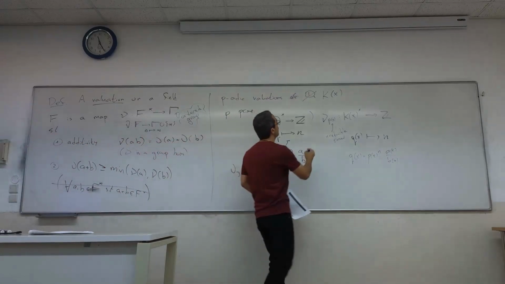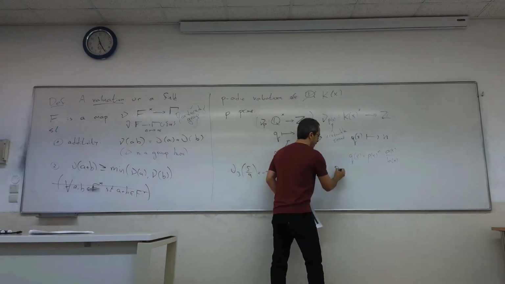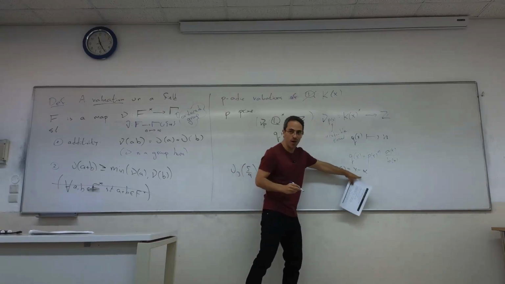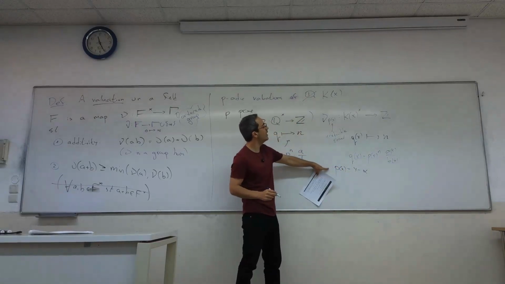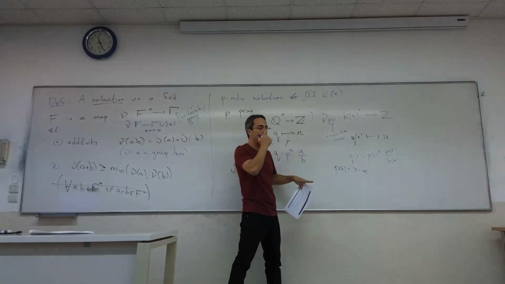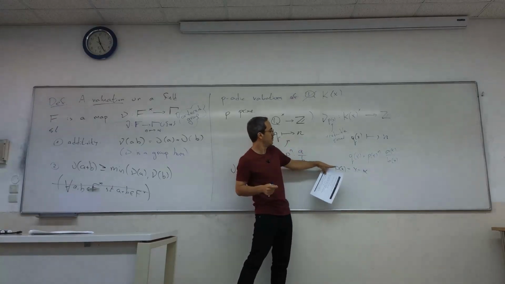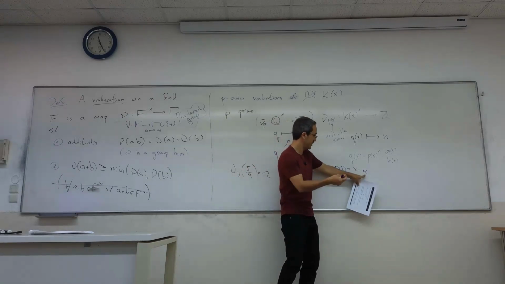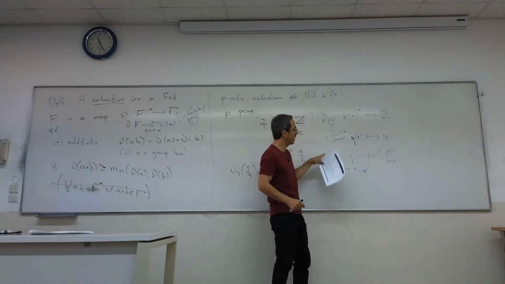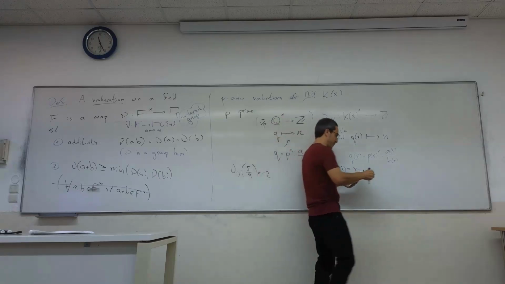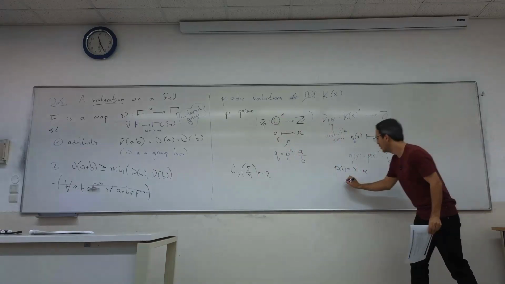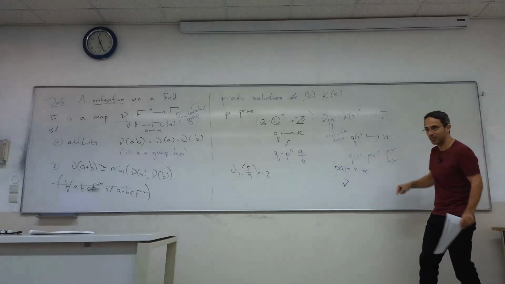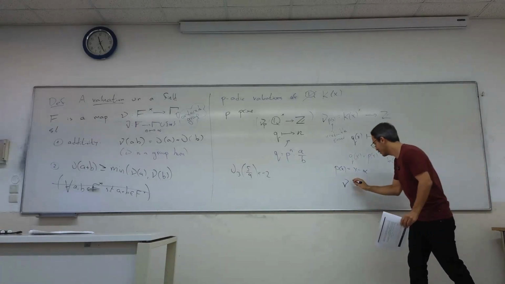In the particular example where P of X is x minus alpha, like the irreducible element is of degree 1 and of this form, what is this number really? What is V_P of Q? Exactly. It's the number of roots or poles of alpha in Q, because it's how many times x minus alpha divides this rational function, including negatives.